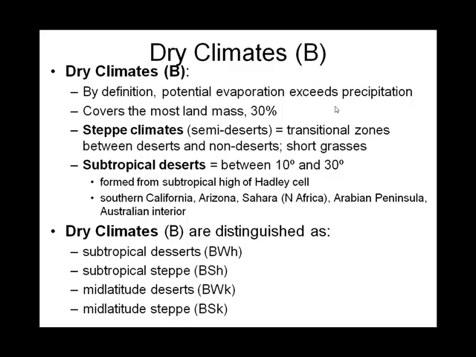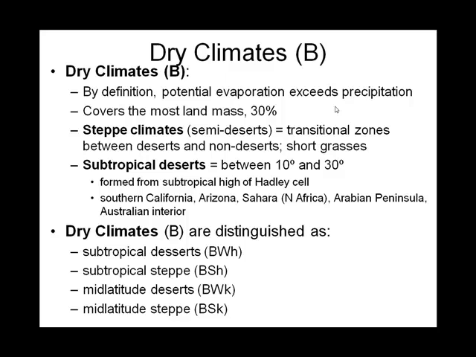Now, A climates are most influenced by the intertropical convergence zone, and B climates are where the Hadley cell is descending. I don't know if you guys remember, but we said there's a Hadley cell in the northern hemisphere and the southern hemisphere, and it descends about 10 to 30 degrees north and south latitude.